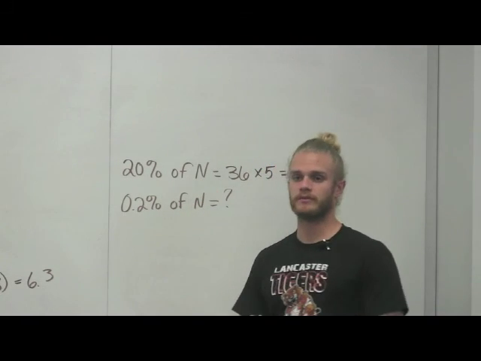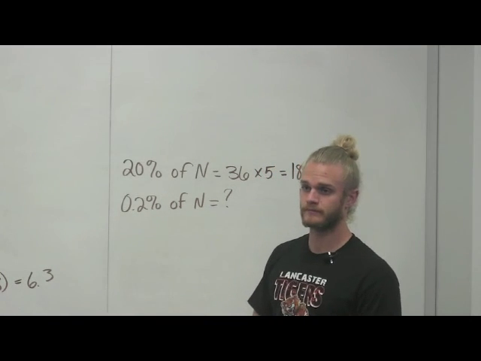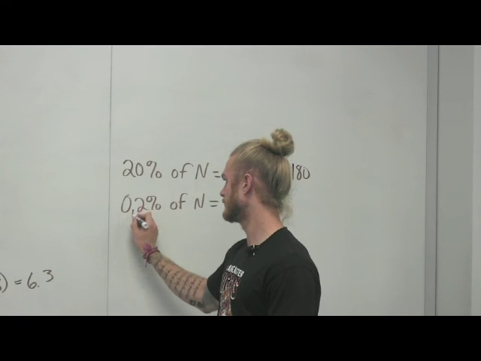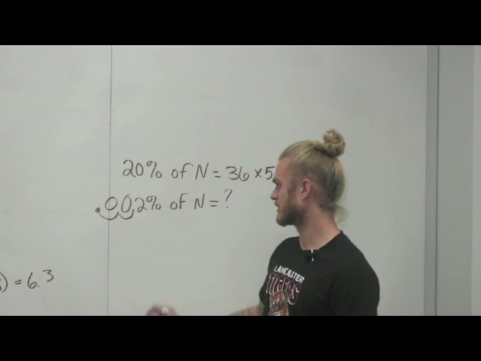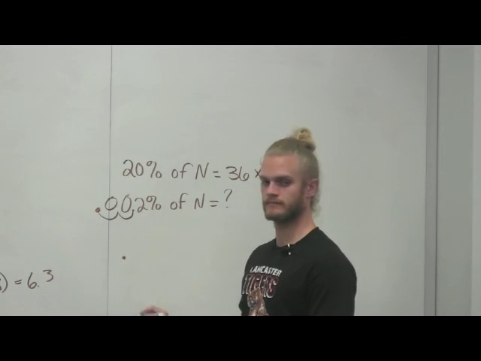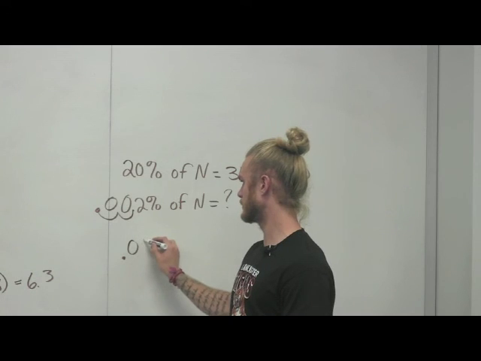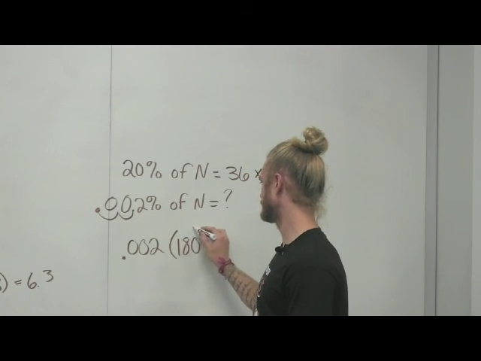So now we got 0.2%. So what's the decimal form of 0.2%? 0.002. We got to move it over 2, right? So what's it going to be? 0.002 times 180.